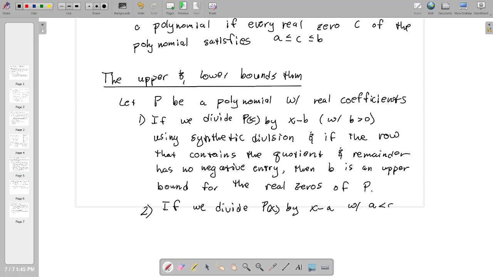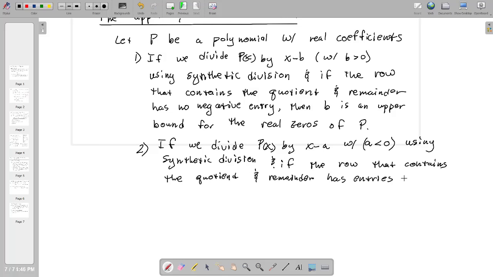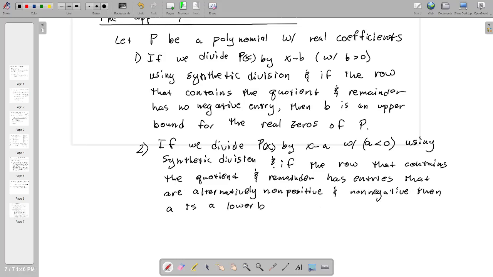If we divide P of x by x minus a, where a is less than 0, using synthetic division, and if the row that contains the quotient and remainder has entries that are alternatively non-positive and non-negative, then a is a lower bound for the real zeros of P.